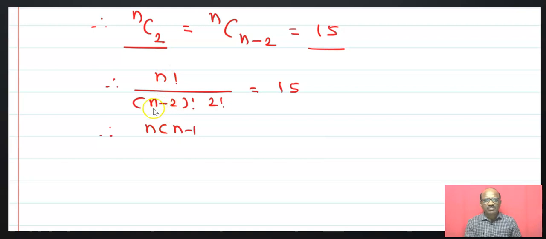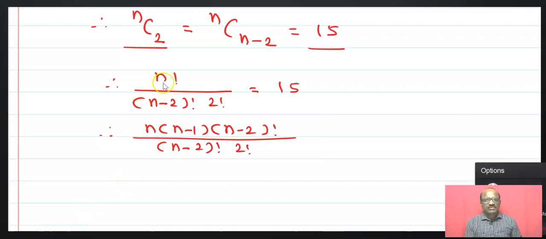Therefore n factorial upon (n minus 2) factorial into 2 factorial is equal to 15. Normal calculations are there. n factorial is n into (n minus 1) into (n minus 2) factorial, over (n minus 2) factorial into 2 factorial. These get cancelled, and the 2 is multiplied with the 15, then you will get 30.